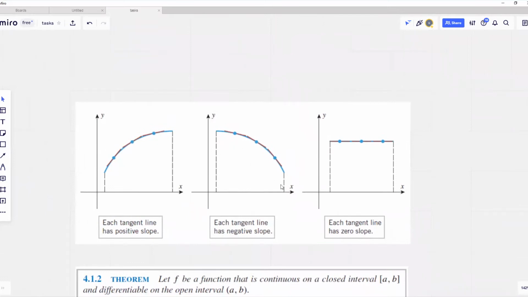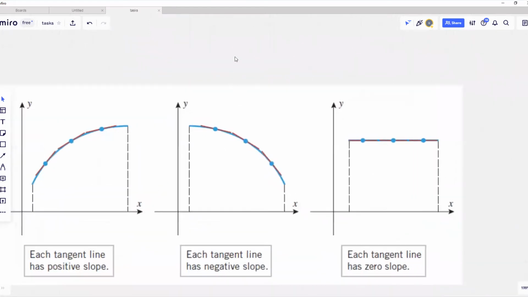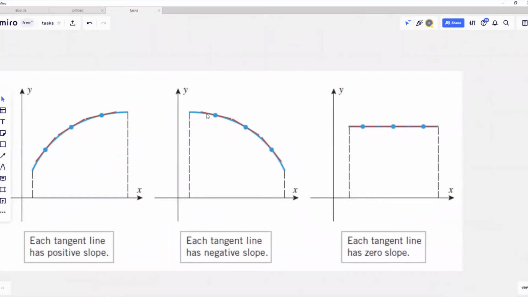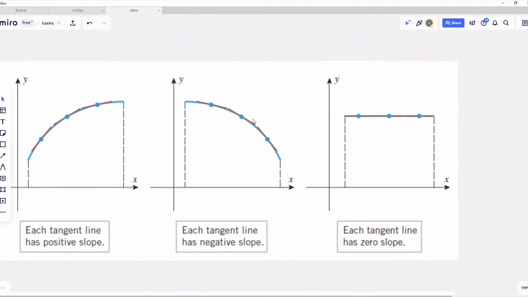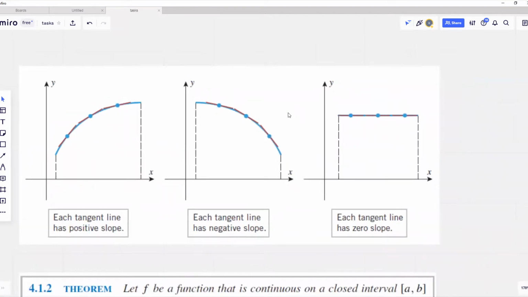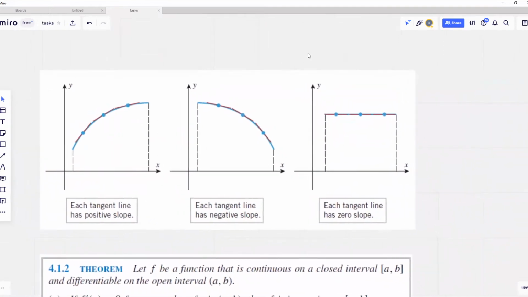And similarly, if we study the second graph here, we see a decreasing function. If we take a closer look at slopes of tangent lines to that function on that interval, we see that they are negative, suggesting that if slopes of tangent lines of a function on some closed interval are negative, then this function is decreasing.